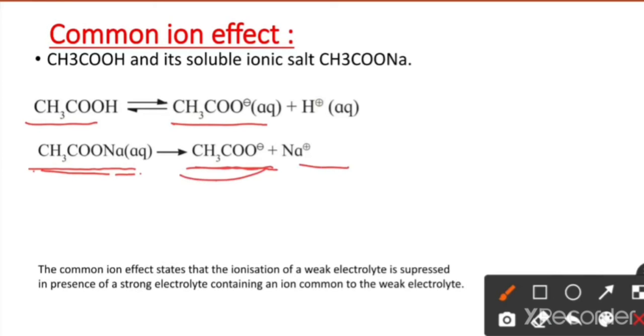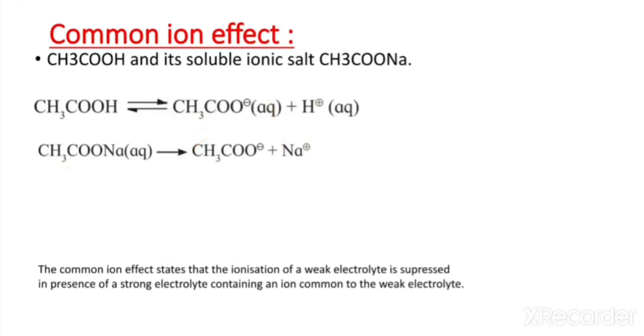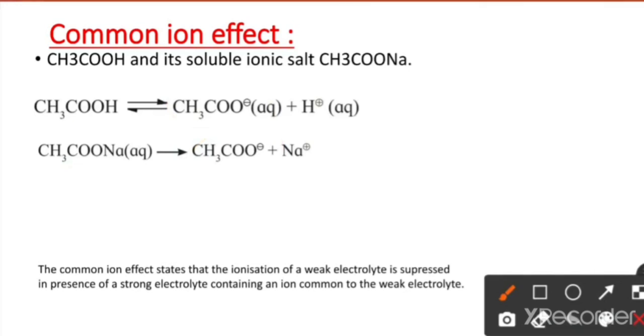So the concentration of acetate ion increases. According to Le Chatelier's principle, on the addition of acetate ions from sodium acetate to acid, the equilibrium is shifted towards the left hand side, or the reactant side.